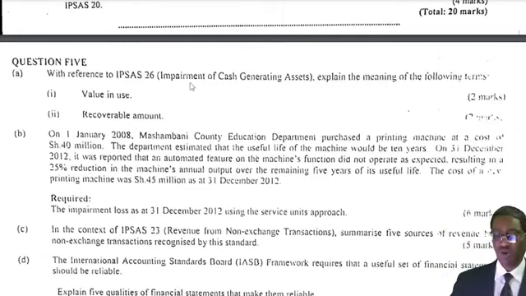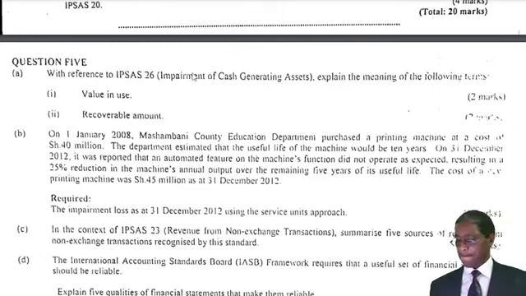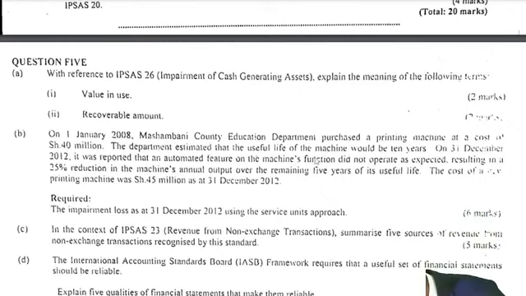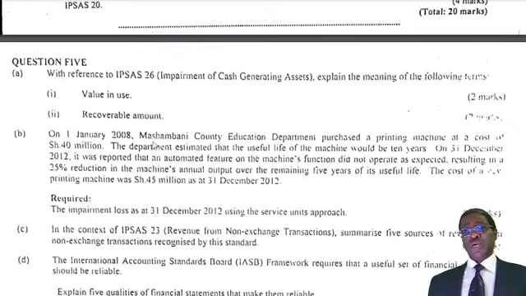Let's read part B of the question now. Part B says, on 1st January 2008, Mashambani County Education Department purchased a printing machine at a cost of 40 million.